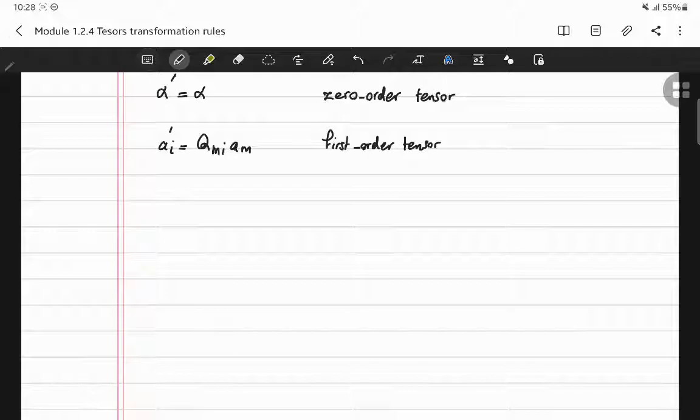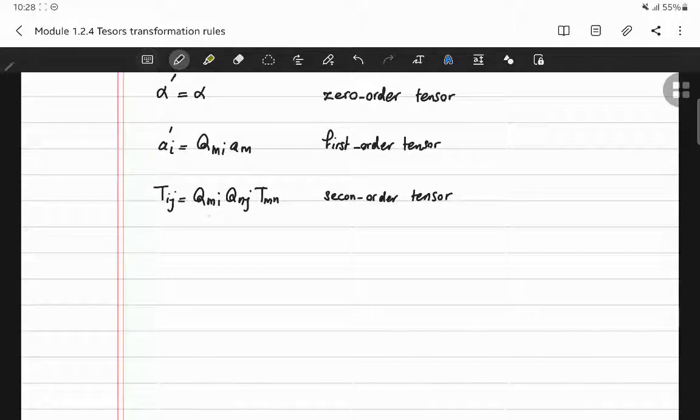If we go to the second order tensor, then we have something like T'_ij is equal to Q_mi Q_nj T_mn. This is something that we discussed in the previous session.